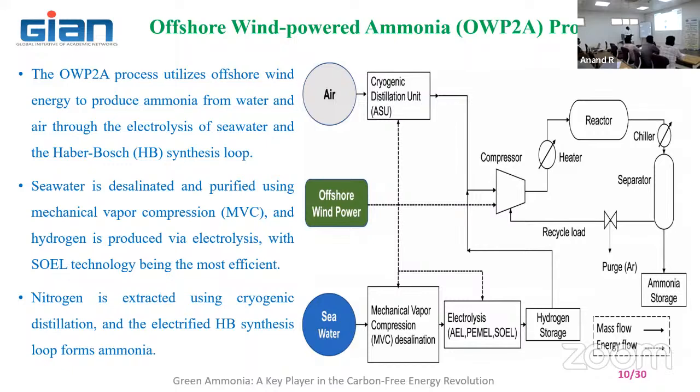The nitrogen and hydrogen mixture coming out of the compressor is heated to a temperature of 400 to 500 degrees centigrade. Now the pressure increases due to the compressor, the temperature increases from the heater, and you maintain the condition in the reactor.